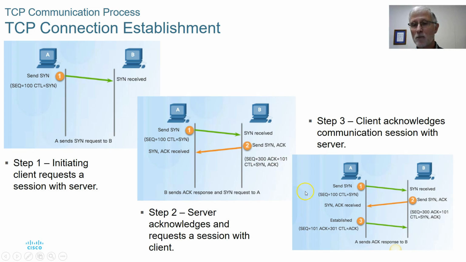The sequence number should have been 301 and the acknowledgement should have been 101. And then it's an acknowledgement. So it's a three-way handshake: I'm asking for a session to be established, I'm acknowledging that request and giving you some starting parameters, and then you send the acknowledgement with the appropriate feedback.